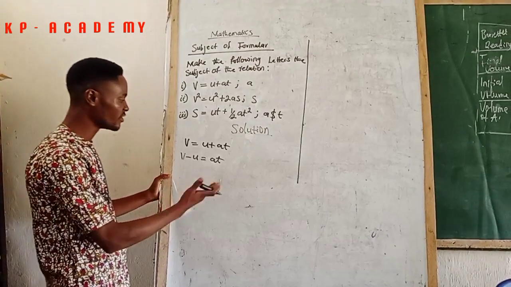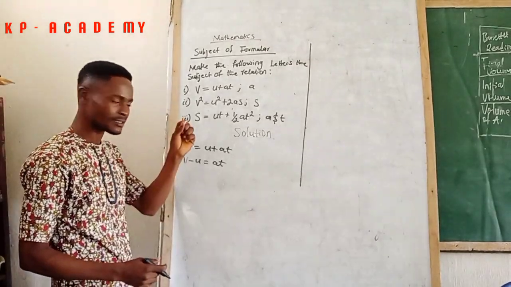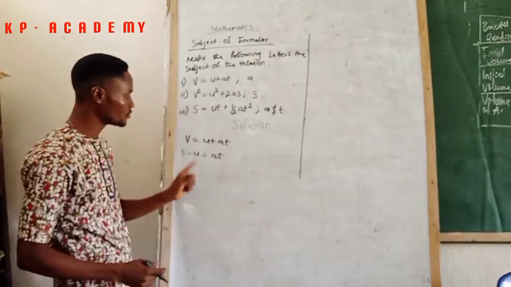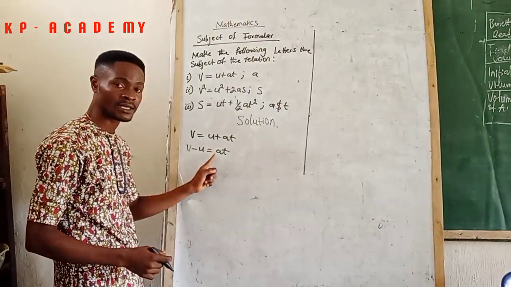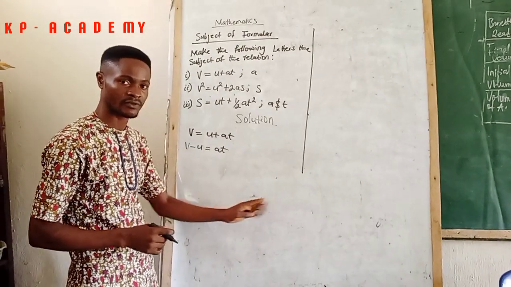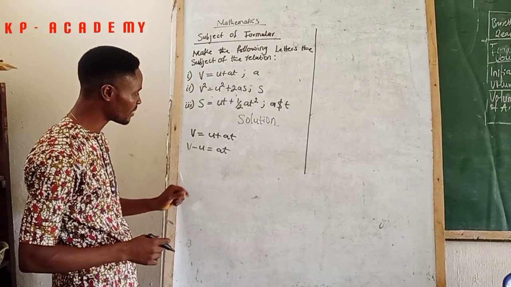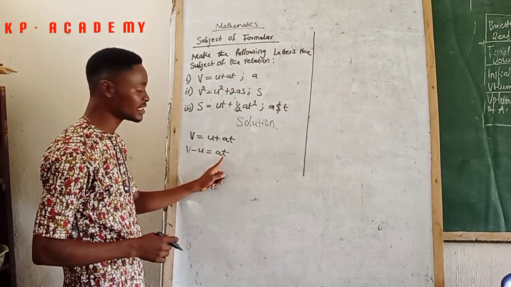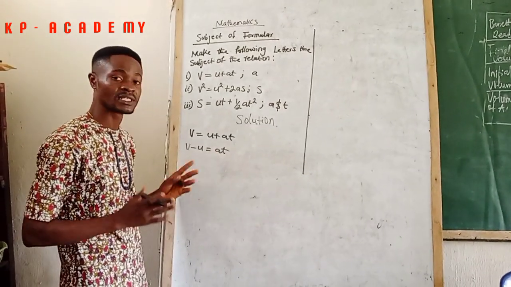The next step now is to divide both sides by that variable that is attached to A, in order to make A stand alone. Now I have AT on the right side of the equation, so I'm going to divide both sides by T such that A will stand alone.